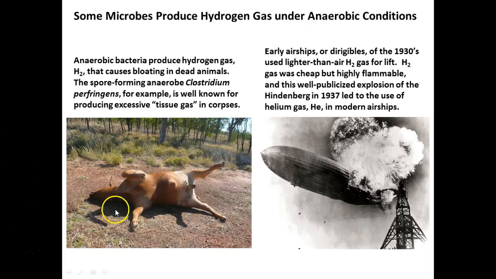So this poor dead cow: Clostridium perfringens, which is a spore former that's found in the environment, could get inside this animal. And under those anaerobic conditions, because the animal's dead, it's no longer breathing, it's no longer getting oxygen, it'll grow, and when it grows fermentation-wise, it produces gas.